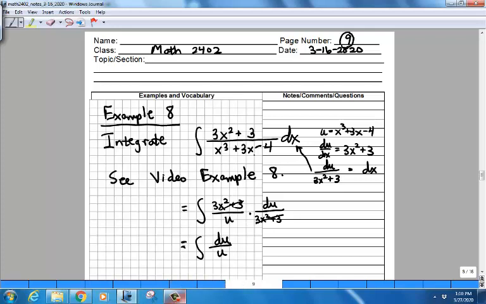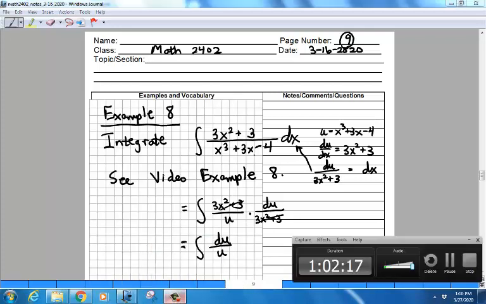Okay, let's see how much time we've used there. All right, so we're a little bit over an hour, so that's probably enough to keep you busy. And our next topic, as I mentioned, will be our final advanced integration method, and that's called trig substitution.